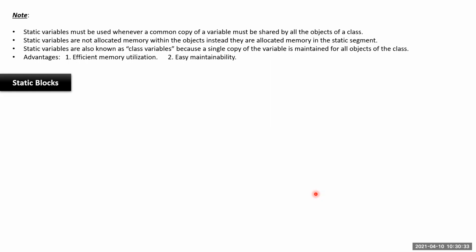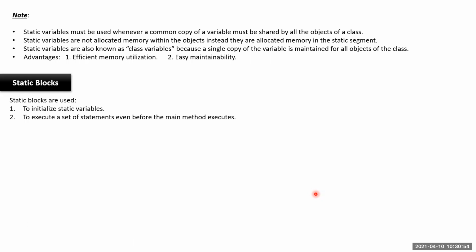If I want to execute something before the execution of the main method, I can write those things inside the static block. Static blocks are used to initialize static variables, and to execute a set of statements even before the main method executes. Because the static block executes after static variables, you can initialize static variables using a static block.